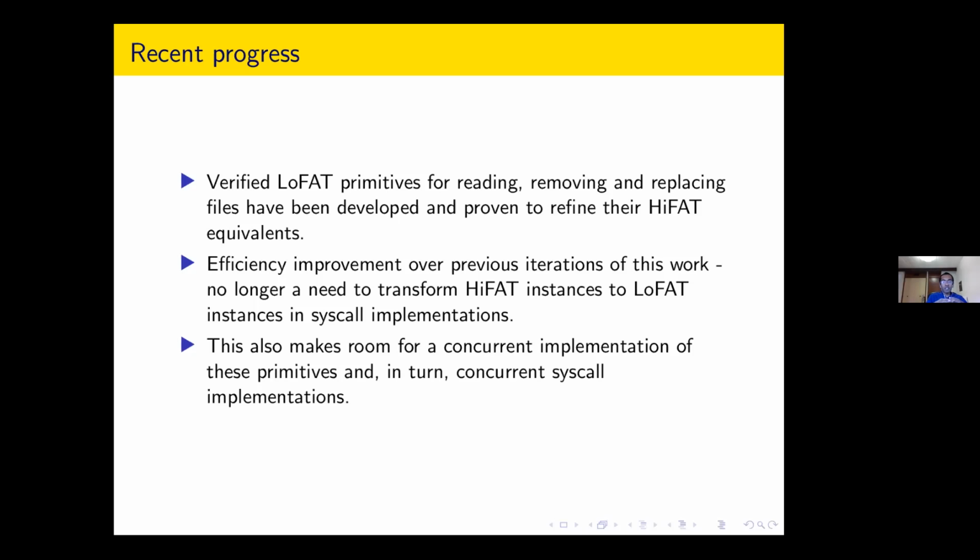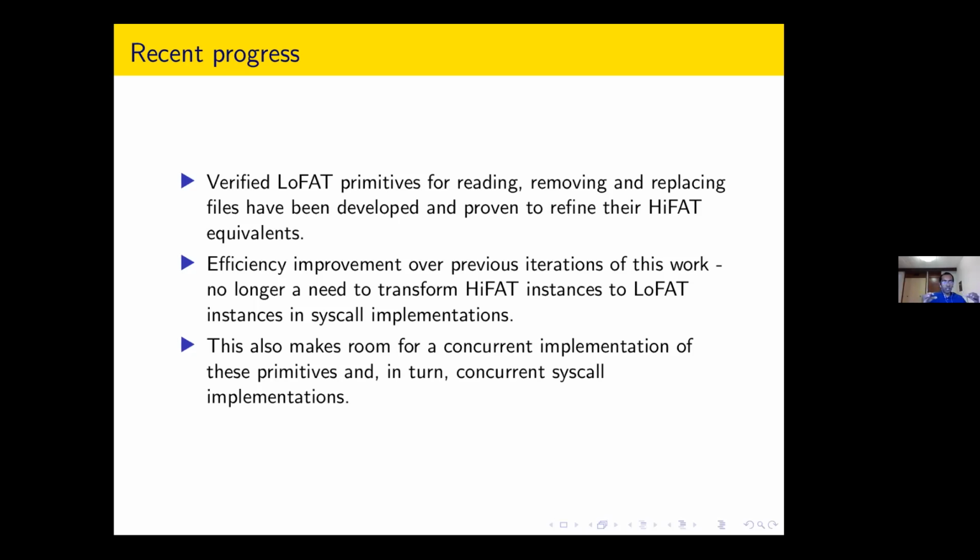So this is an efficiency improvement over previous iterations of this work, because earlier, just to claim that we had verified execution, we actually needed to transform high-fat instances to low-fat, and prove that those transformations were correct. And that was fine as far as proof was concerned, but it did come with certain kinds of performance penalties. So now we no longer need to deal with those kinds of performance penalties.